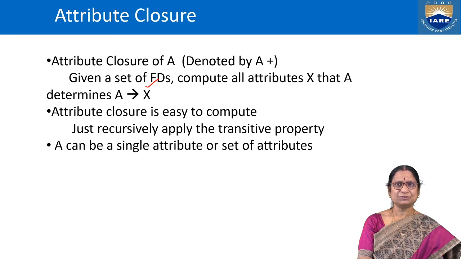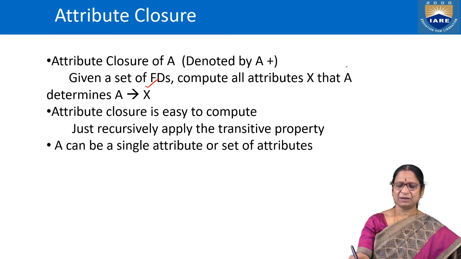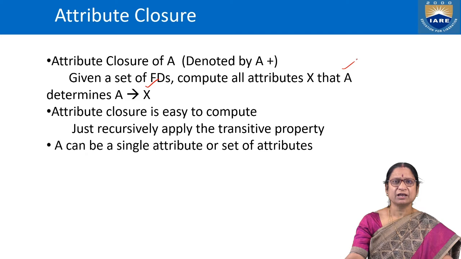So what is meant by attribute set closure? We have to compute all attributes X such that, for example, if I would like to find A closure, I need to find all the FDs such that A determines X. Those X belong to my attribute closure.